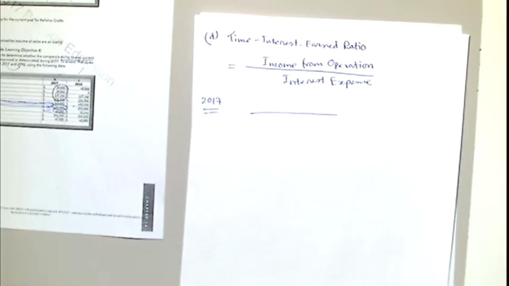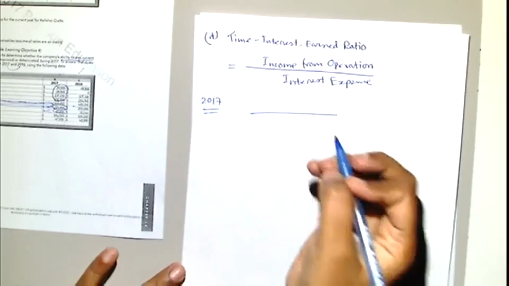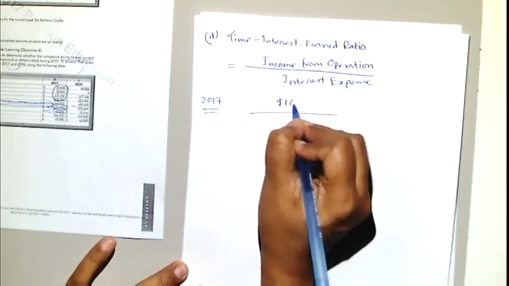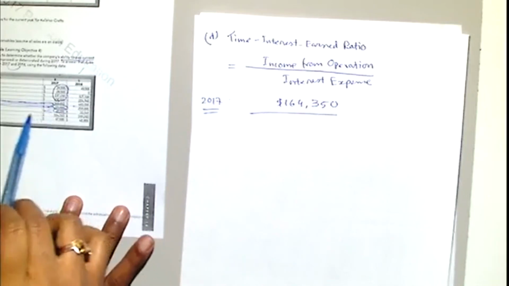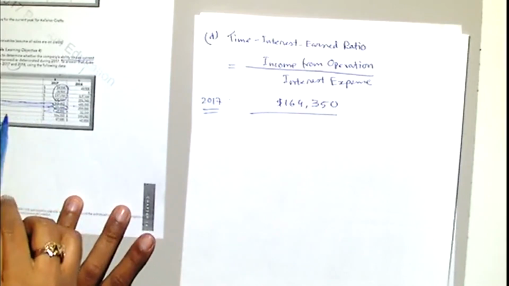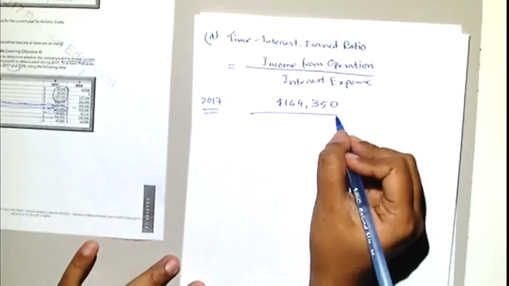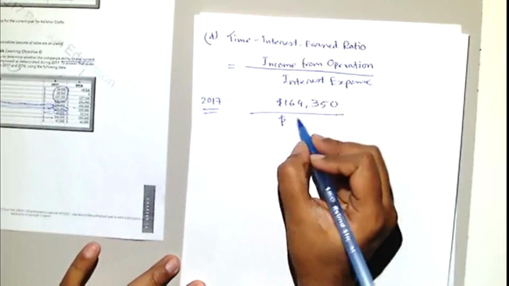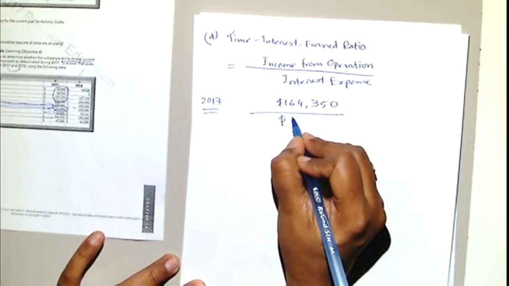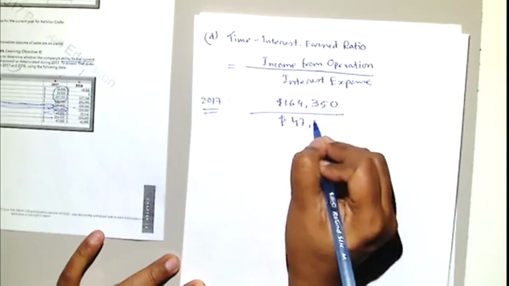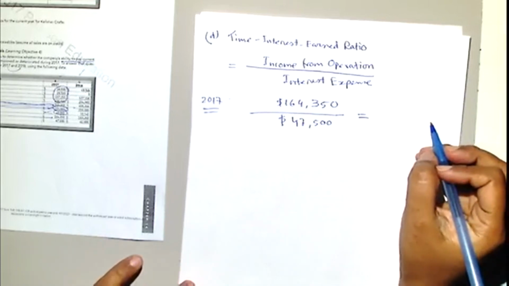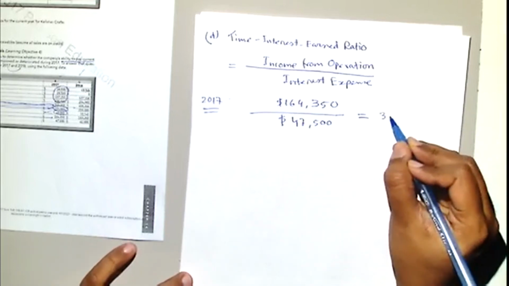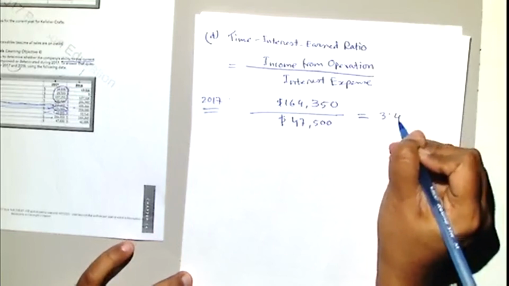Yes, William. 164,350, which is given here, and your interest expense, how much, William? 47,500, and your ratio is 3.36? 3.46.